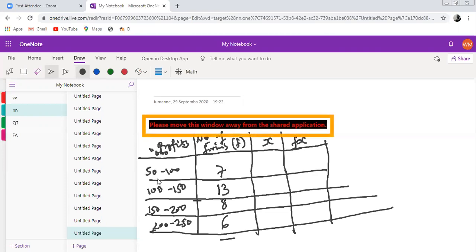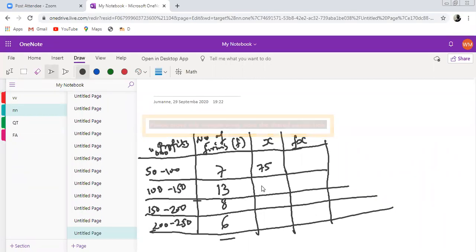X, we said, is the midpoint. You just add the lower limit plus the upper limit divided by 2. So this is 150 divided by 2. It is actually 75. 100 plus 150 is 250 divided by 2, which is 125.